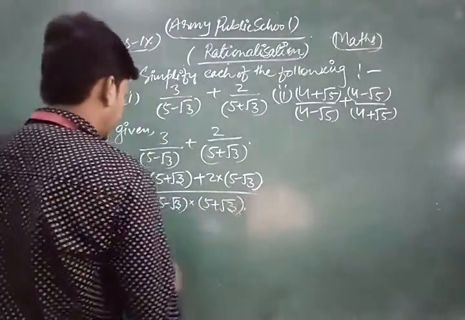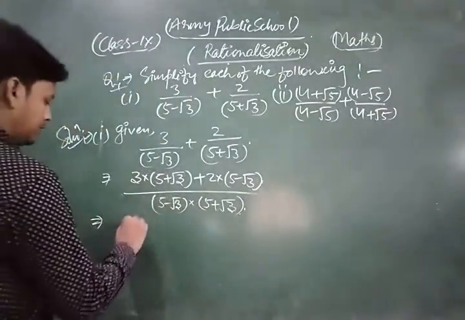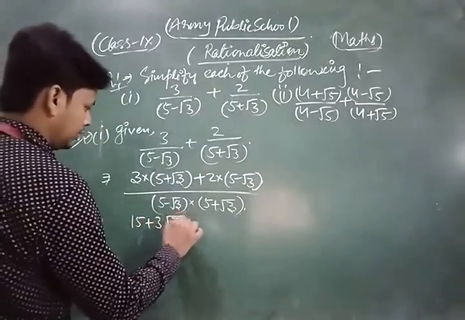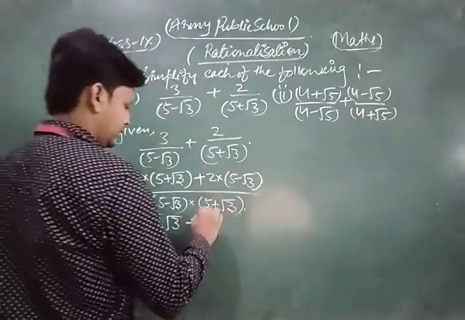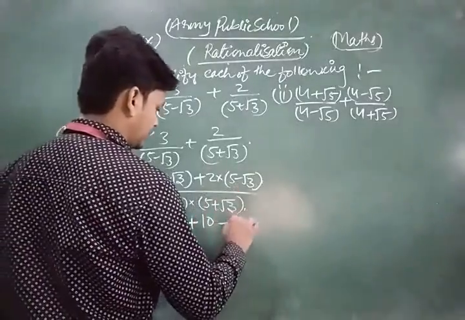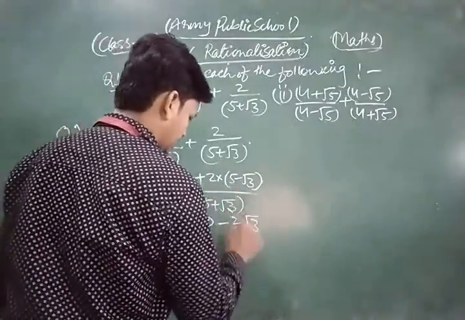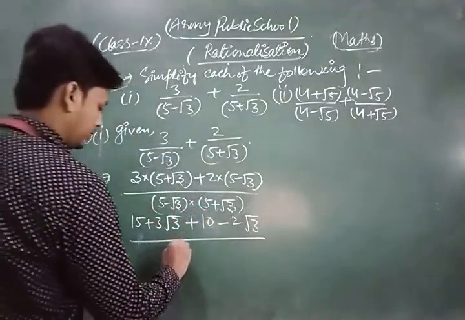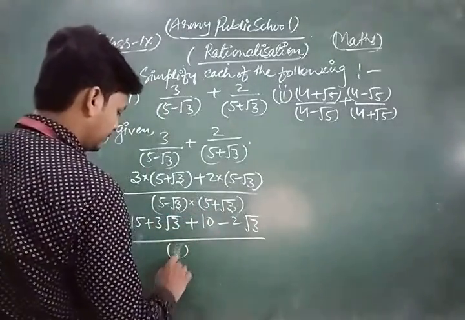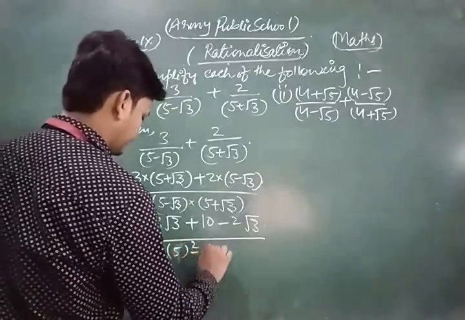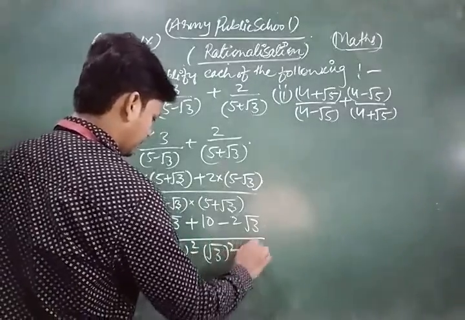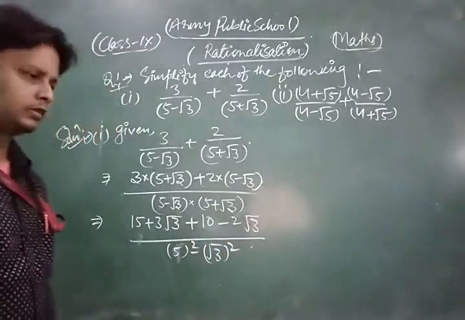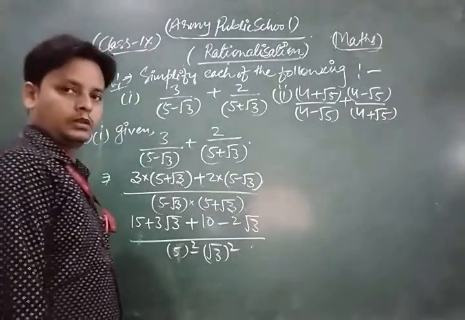If we simplify, we get 3 times 5 is 15 plus 3 root 3 plus 2 times 5 is 10 minus 2 root 3, divided by (a minus b) into (a plus b). So we can write it as a square minus b square.